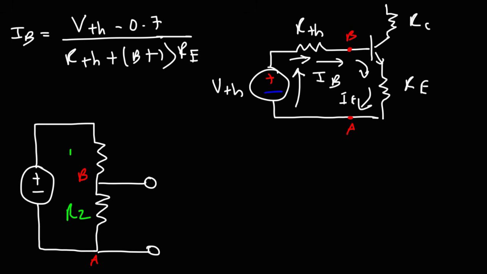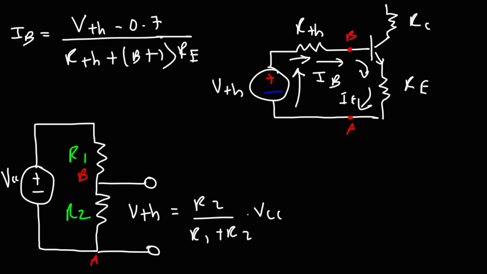So we need to calculate the voltage across R2. This is VCC, and the voltage across R2 will be the Thevenin voltage. So this is basically a voltage divider circuit. So the Thevenin voltage is going to be R2 divided by R1 plus R2 times the collector supply voltage. And so that's what we're going to replace V Thevenin with in this formula. So that's where we get that part of the formula from. It's from the voltage divider network that is formed from R1, R2, and VCC.